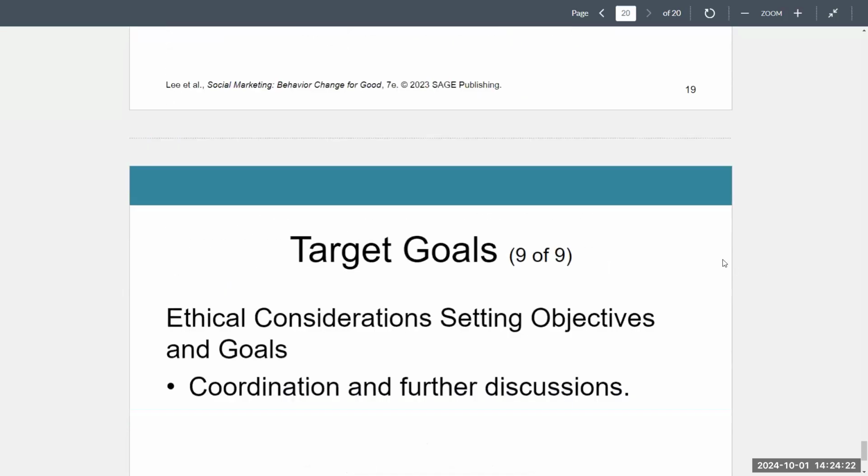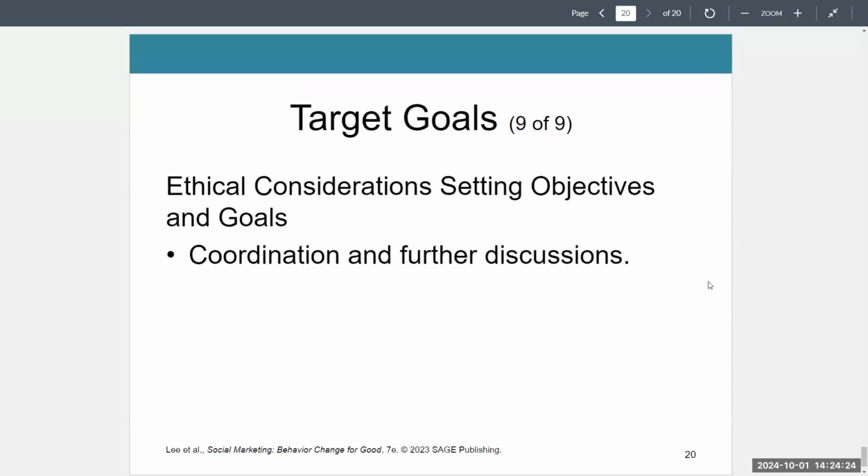All right. And the last thing that we're going to talk about here is ethical considerations when you are doing all this stuff. It's an integral part of the goal setting process. You have to collaborate with the community, engage in open and transparent discussions to evaluate potential ethical concerns and incorporate diverse perspectives. Okay.